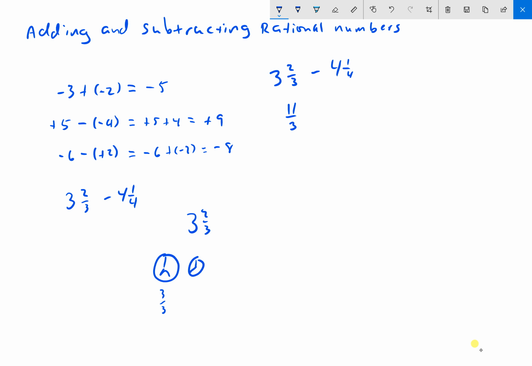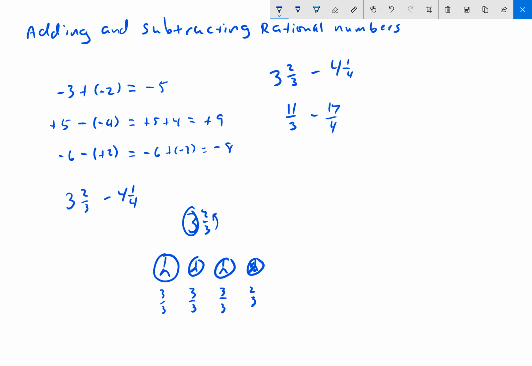But right now I have 3 wholes, and in addition, I also have 2 more thirds. So I take my whole number and multiply it with my denominator, which gives me 9, and then I add how many extra I had, which gives me the 11, minus 4 1/4. So 4 times 4 is 16, plus 1 is 17. So I really have 17 quarters.